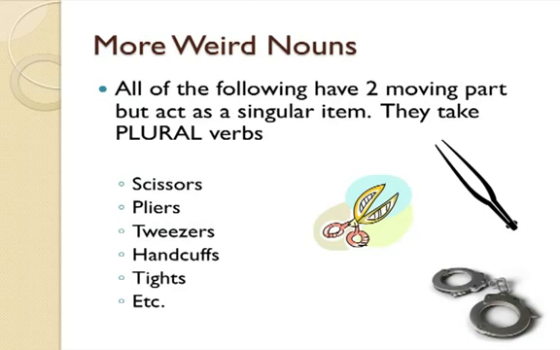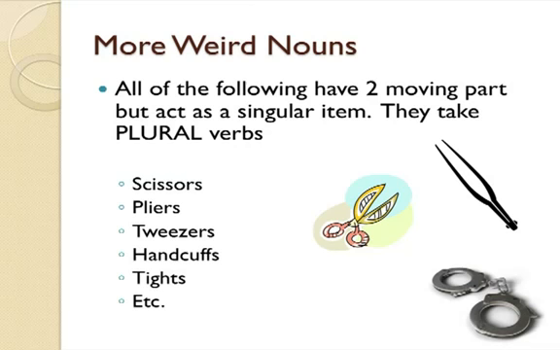They have two moving parts, and so it seems like they would be a singular item, but they take plural verbs. For example, the scissors are over on the table. The tweezers are on the countertop.